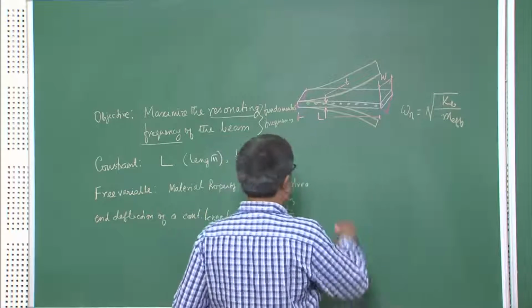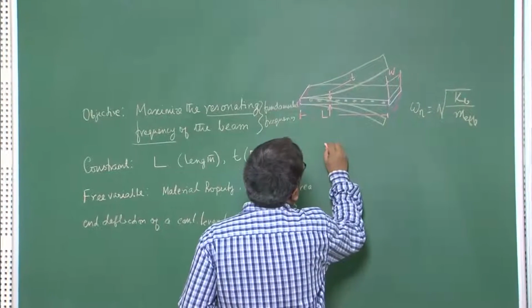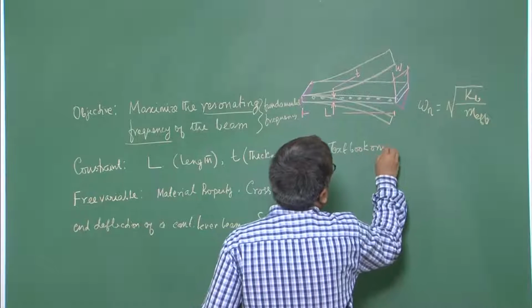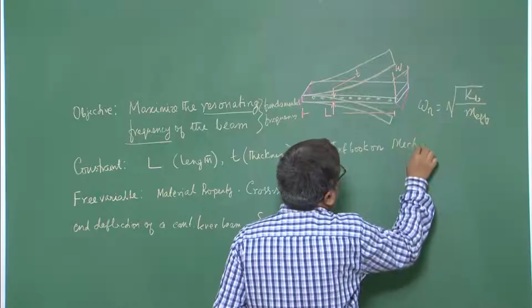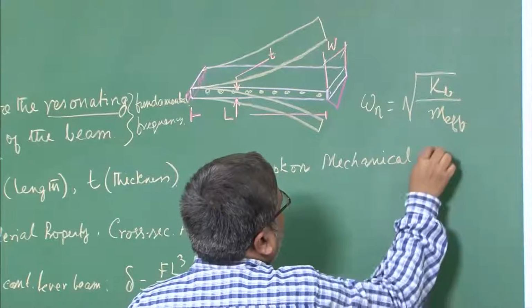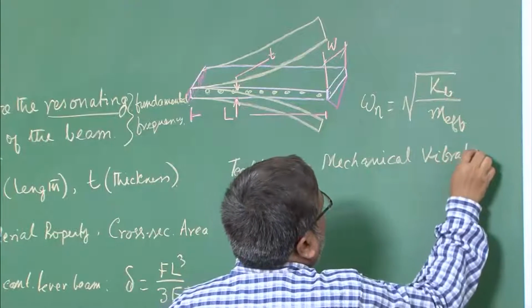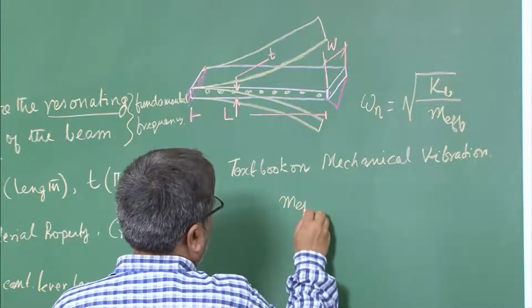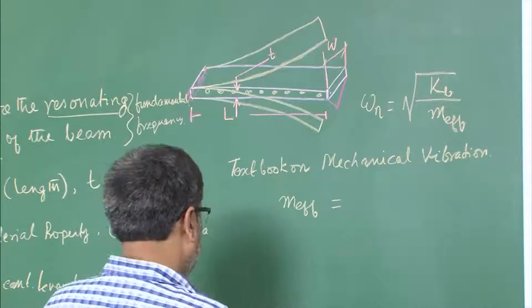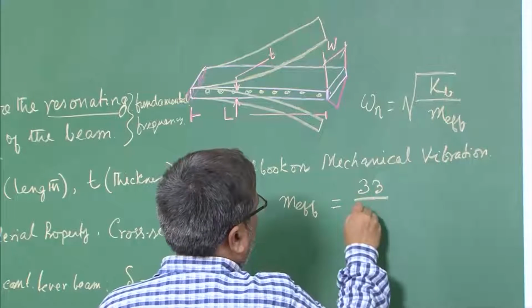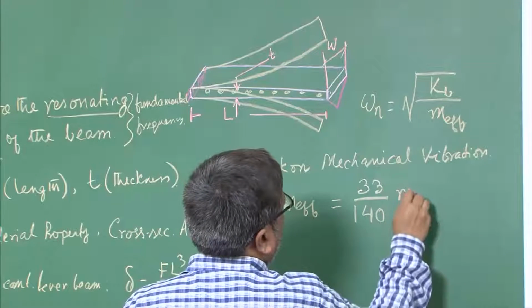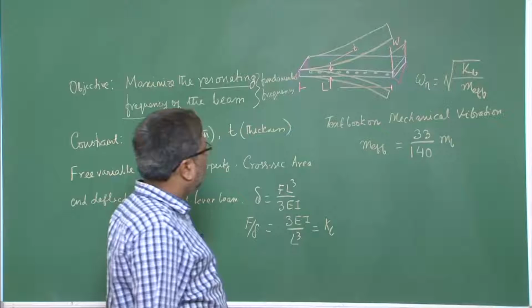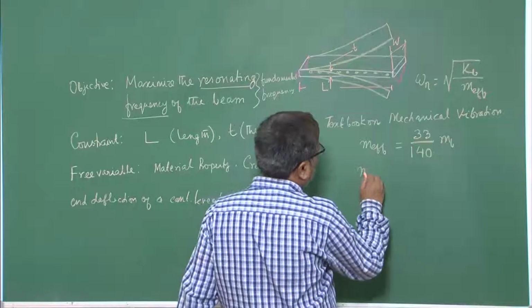Now I will not go into the details, but if you look at any textbook on mechanical vibration, you will see that for this type of case the M effective will come out to be 33 over 140 times the mass of the beam, 33 over 140 times MB. Now the question for us is, what is MB?